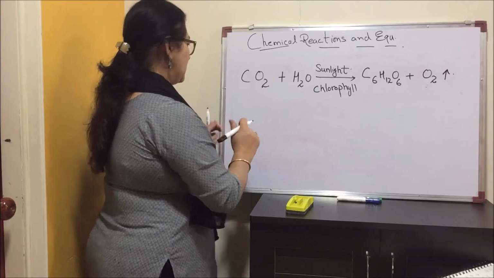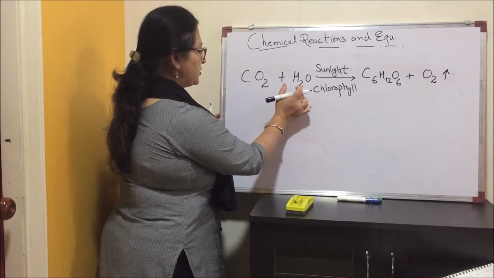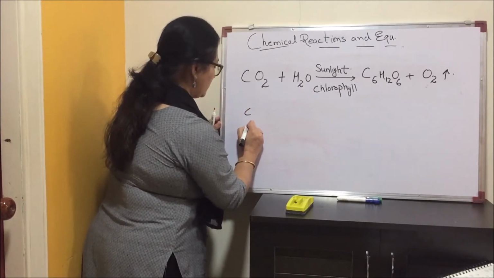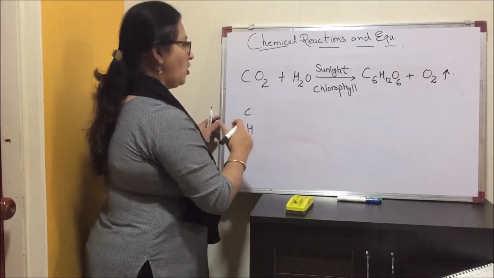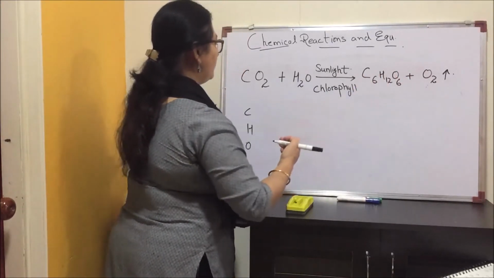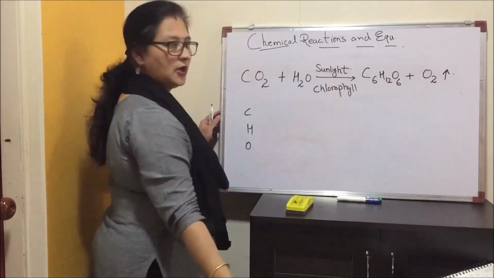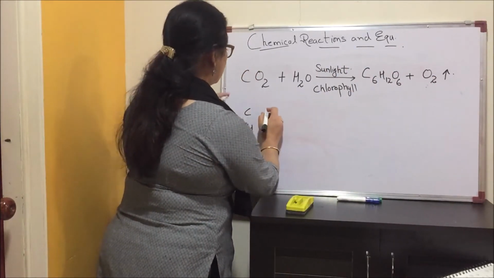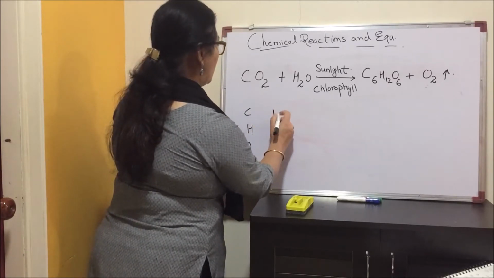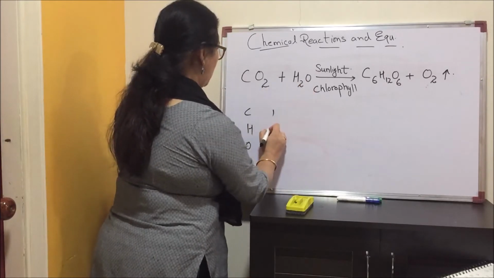So how are you going to balance the equation? See the number of carbon atoms, oxygen atoms, hydrogen atoms on the reactant side. So let me write carbon, hydrogen and oxygen on the reactant side, right? And the number of atoms of carbon, hydrogen, oxygen on the product side, right? So let's see, the number of carbon atoms over here is 1, oxygen is 2 plus 1, 3.